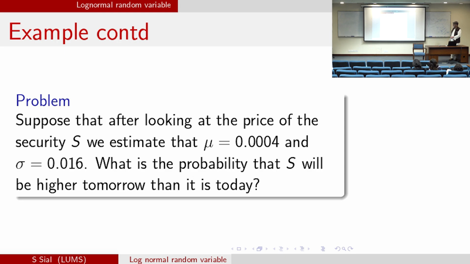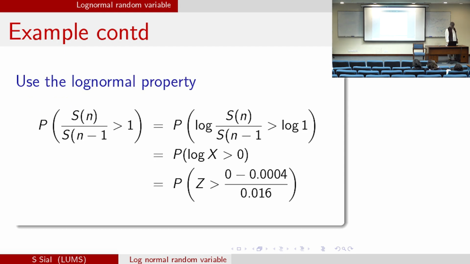If we're supposing that x is log normal, then these are the mu and the sigma which relate x to a normal random variable y, and y would have this mu and this sigma. So we're giving you the mu and the sigma from which you could calculate the expected value and the variance for x.